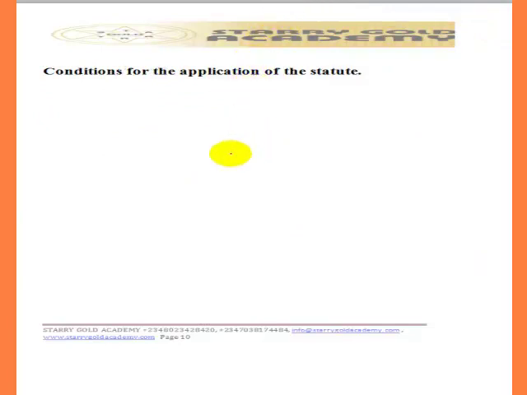Also, we have conditions for the application of the statutes of general application. That means that in Nigeria, before a statute from England becomes a statute of general application that we can make use of, number one, it must be a public act in England.